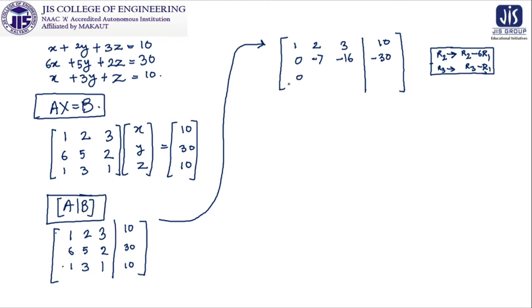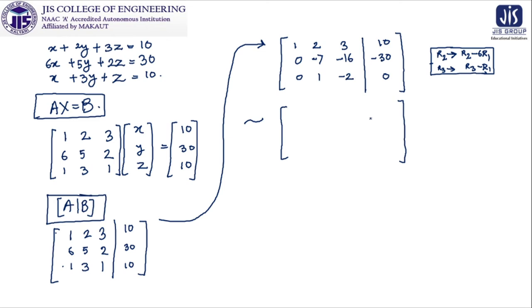So we will get 0 here, then 3 minus 2, that is 1, and consequently the next one will be minus 2, and here we will get 0. Till now, after using these elementary row operations, it is not in echelon form, but our target is to make it into its echelon form. So we will think of the next elementary row operation, so that this part will become 0.